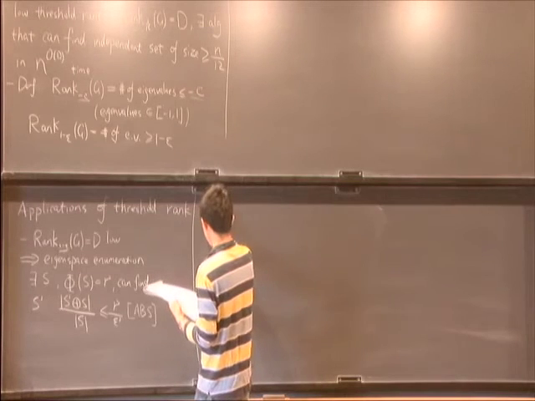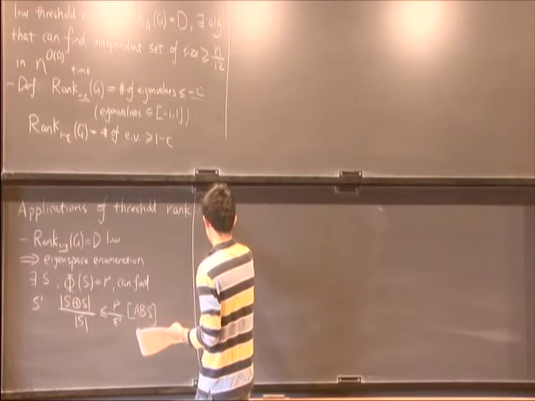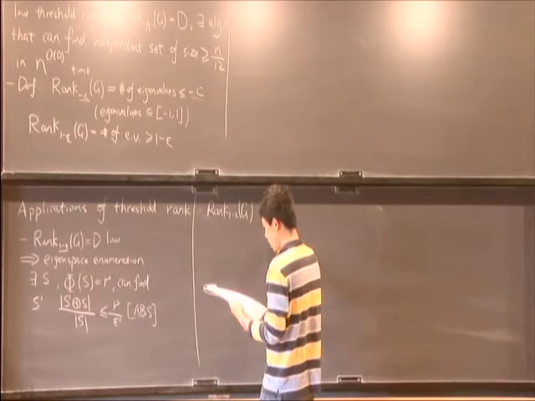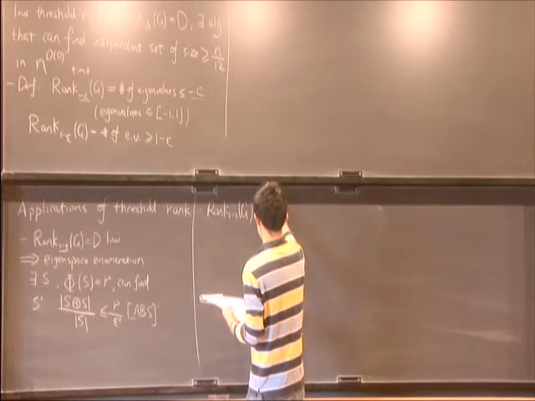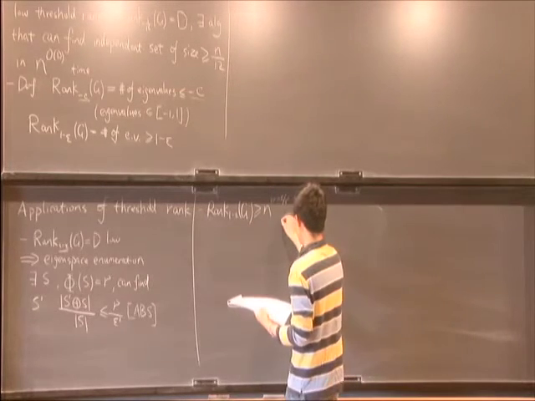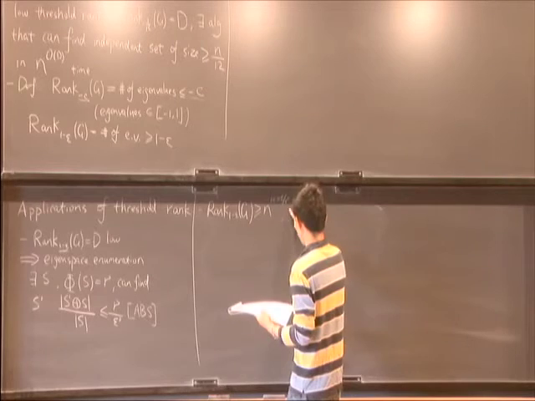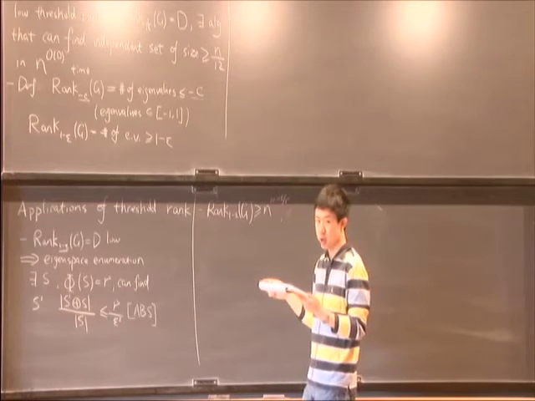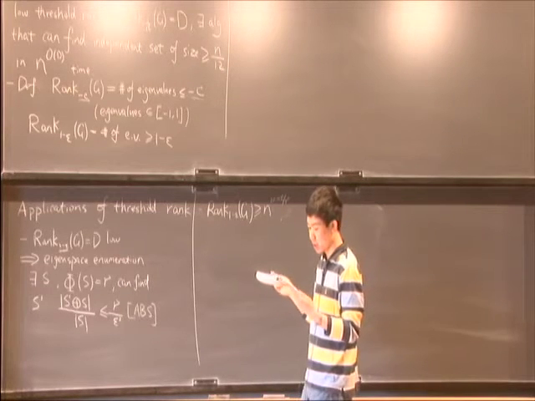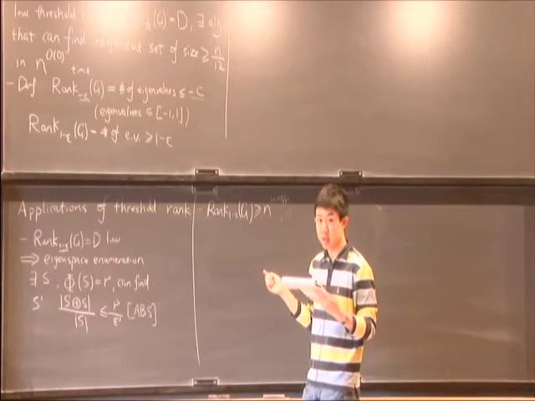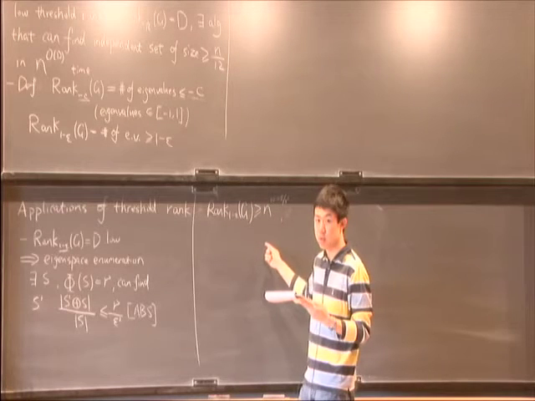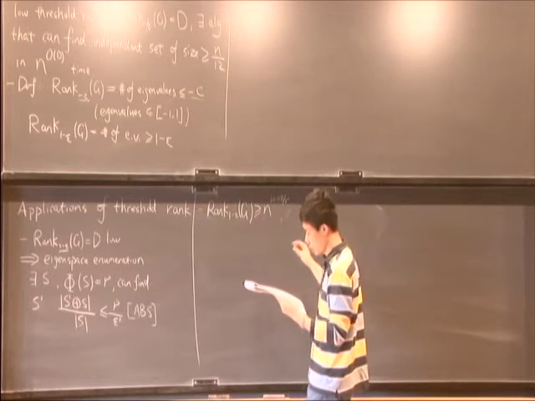So another application: we know if threshold rank is low, we can do this eigenspace enumeration. But what if the threshold rank is high? So rank of 1 minus epsilon, G is very large, larger than, say, n to the 100 epsilon over gamma. Then what they show in ABS, and also previously in a paper by Sanjeev, Russell, Matthews, and David, is that the random walk of the graph cannot mix very well for small sets.